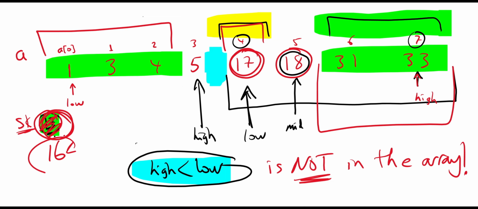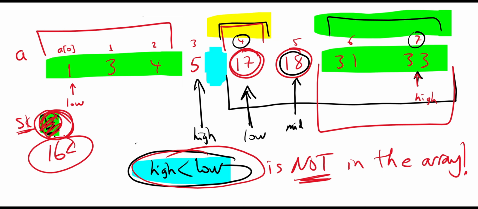So this number 16 is not in the array. So when we have this condition, we can terminate our algorithm, and we can say that the number is not found.